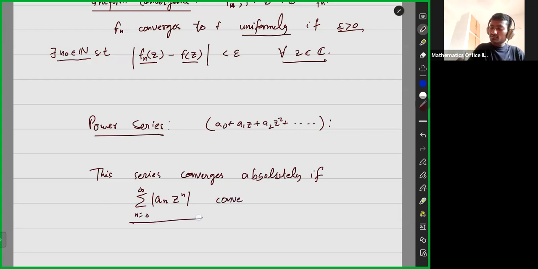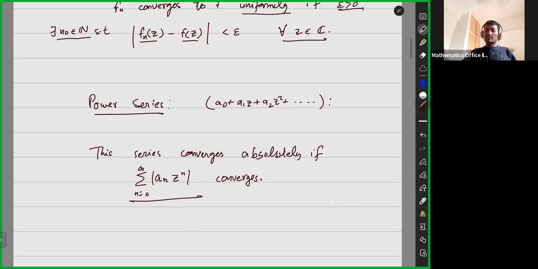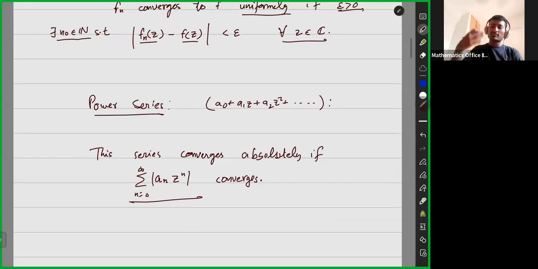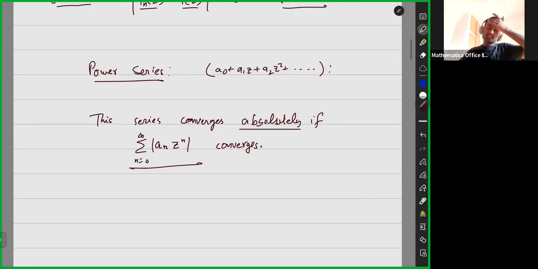Now it is a series of real numbers, right? This is now a series of positive real numbers. If it is converging, we say it converges absolutely.